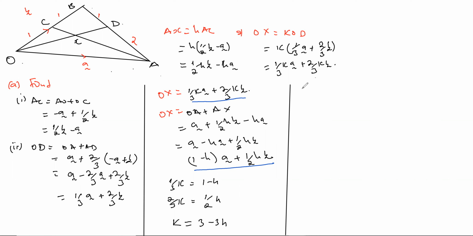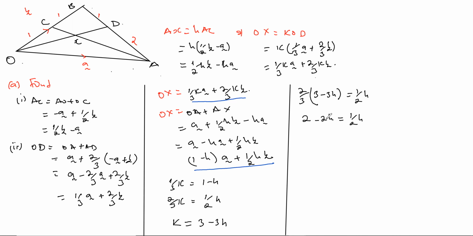So it will be 2 over 3, instead of K, I write 3 minus 3H. Then equals, remember I'm writing this, so I'll write a half H. Then let me open the brackets. This will be 2 minus 2H equals a half H.